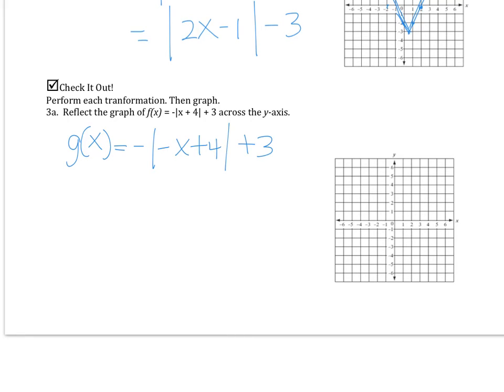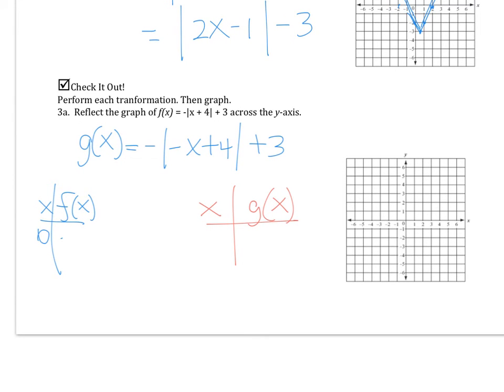So I'm going to graph f of x, and I'm going to graph g of x, so that you can see. I'm going to use 0. If I put a 0 in the original function f of x, I get 0 plus 4 is 4, negate 4, get negative 4, plus 3 is negative 1.